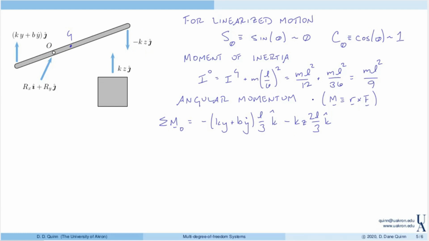And again, this is what we get for that. So that's going to be equal to the moment of inertia, which we said was mL squared over 9, theta double dot in the k direction. Again, that's simply I0 alpha of the bar. Once again, our law of mechanics: the sum of the moments equals I alpha.